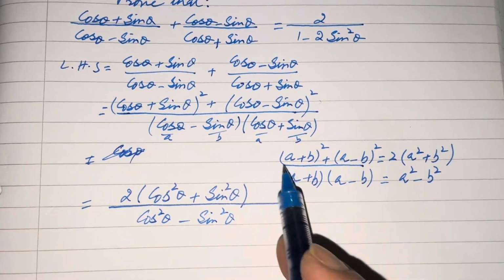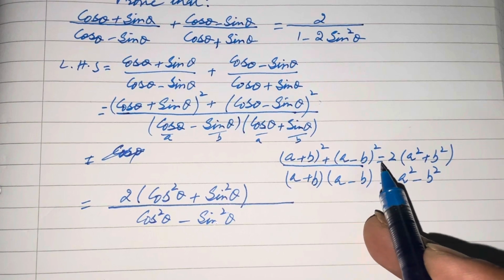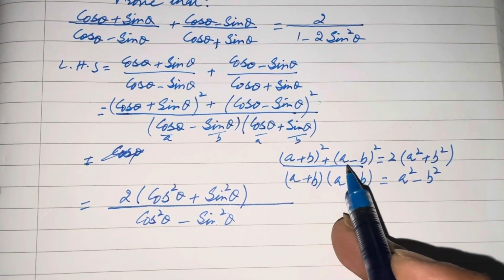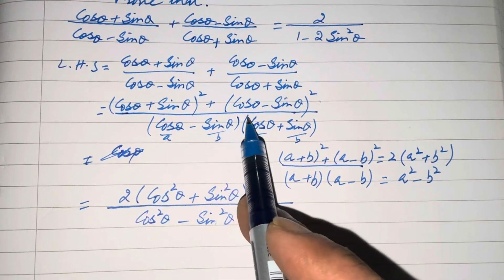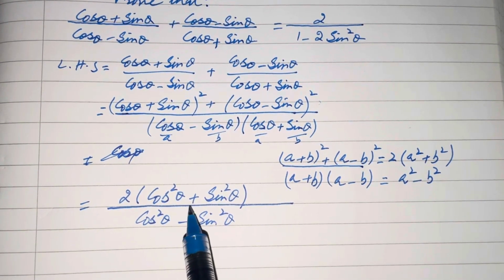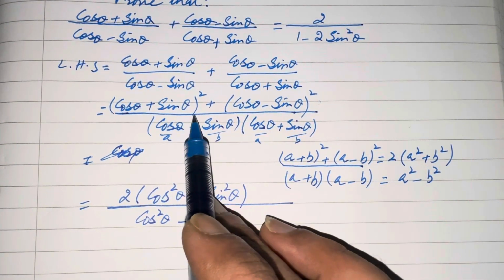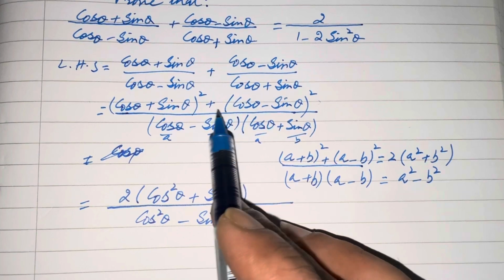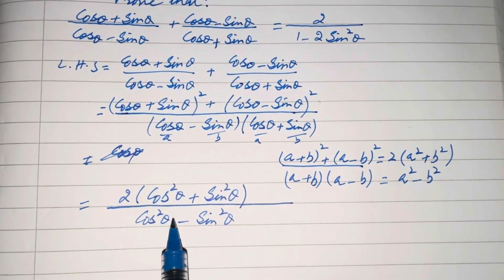So that's the most important step that we have to understand, that we have used the algebraic identities in these given conditions, and after using the algebraic identities, the whole expression can be written in this form.